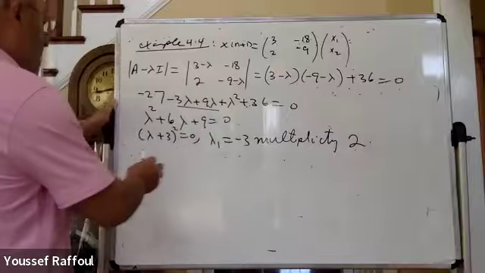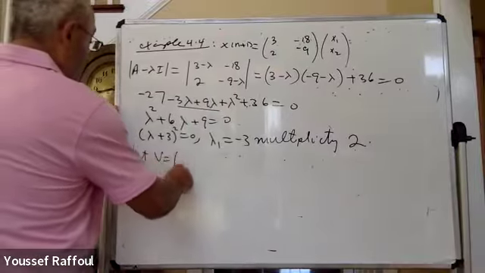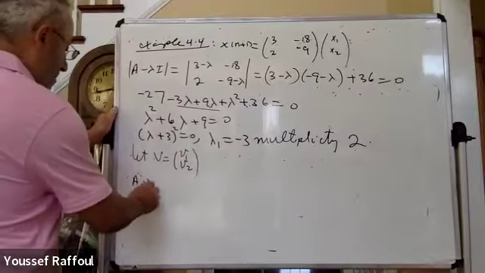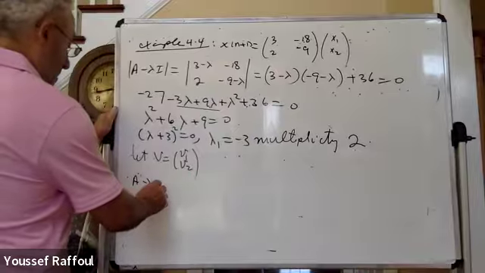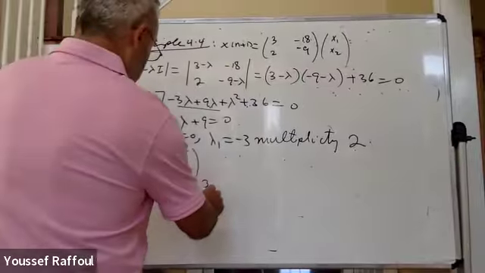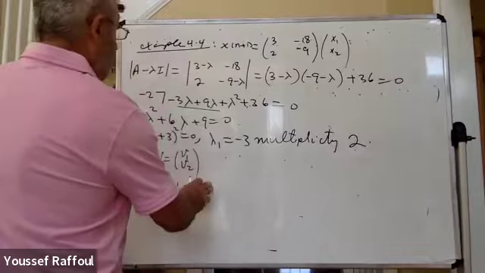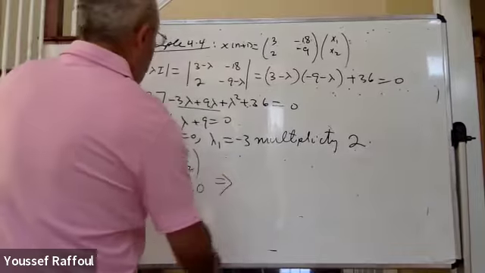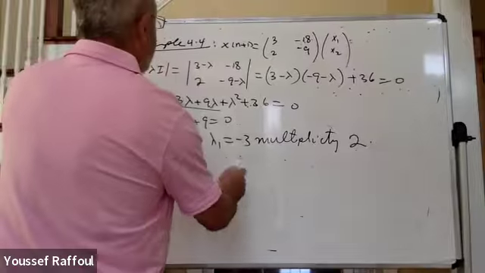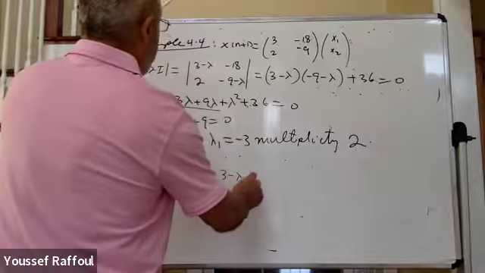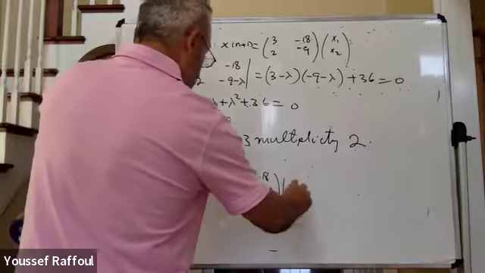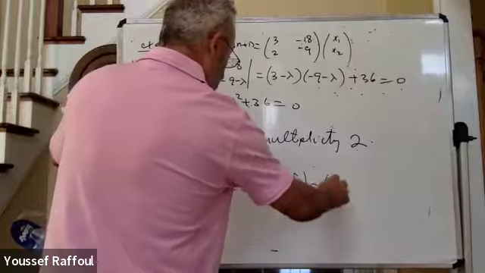All right. Now let V equal V1, V2. So we need then A minus lambda I V equal to zero, implies 3 minus lambda, minus 18, 2, minus 9 minus lambda, times V1, V2 equals 0, 0.